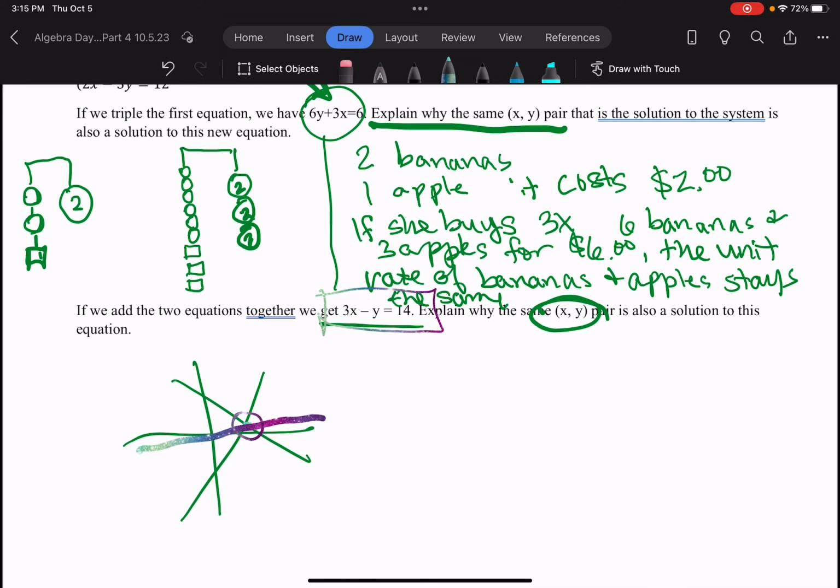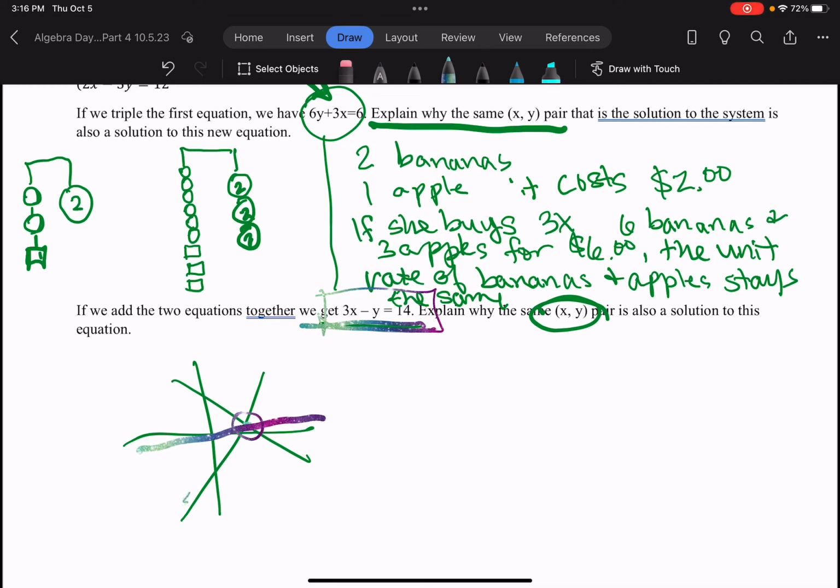So a new equation created from adding equal sides to equal sides will create a new equation that intersects the original 2 lines or the original 2 equations on the graph.